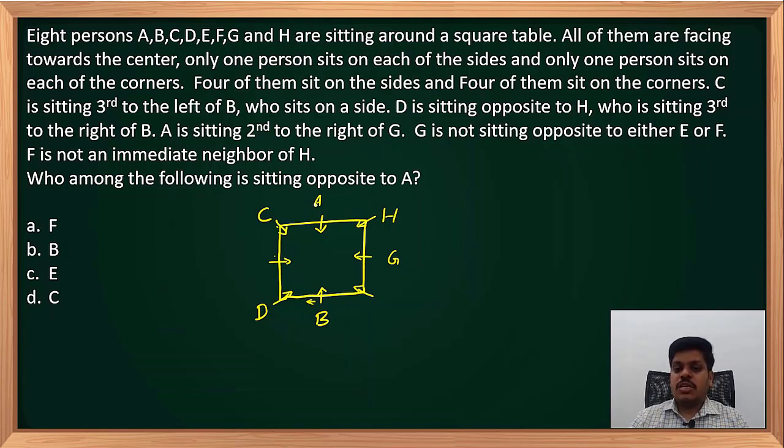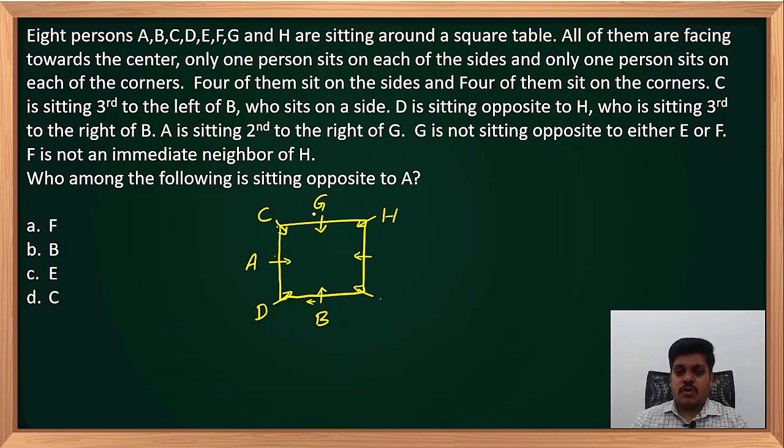Then G is not sitting opposite to either E or F. So E or F can be in these 2 positions, but G cannot be opposite to them. So we cannot place G here. The next possibility is G can be here only and A can be here only.